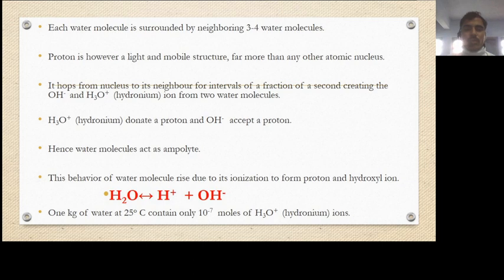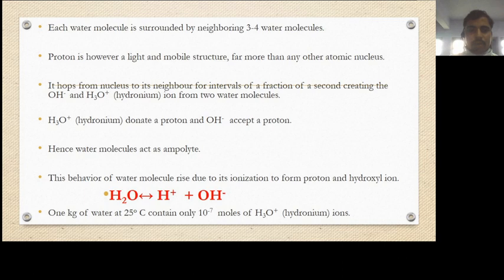Each water molecule is surrounded by 3 to 4 neighboring water molecules. The proton is, however, a light and mobile structure, far more than any other atomic nucleus.